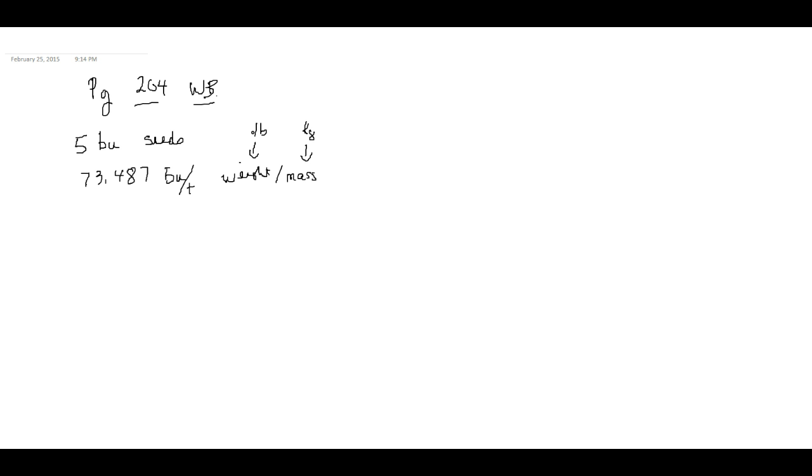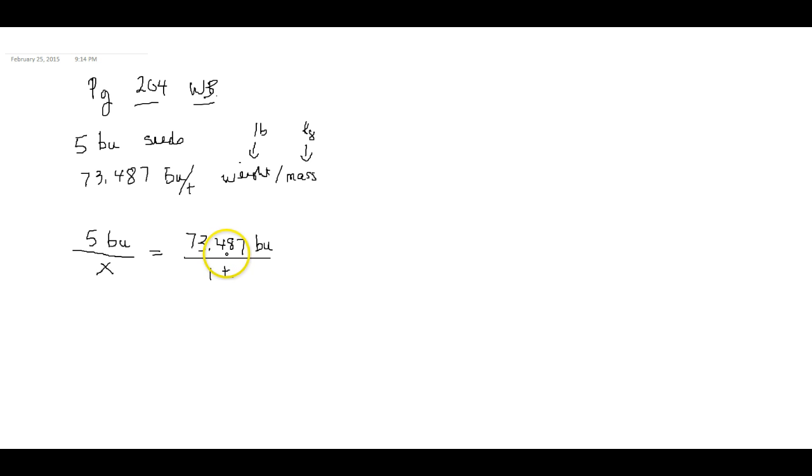So first of all, we need to figure out how many tons we have. I have 5 bushels, and I want to know how many tons that is. I know that it takes 73.487 bushels to make up 1 metric ton.